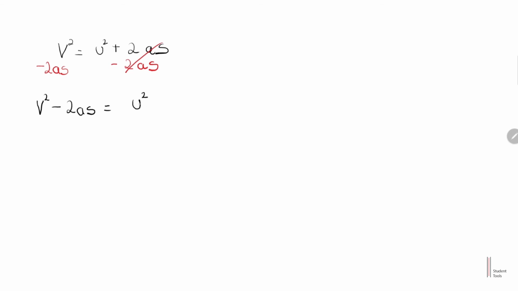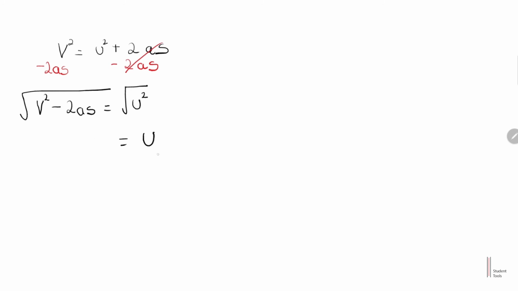So now we have u squared. We want to make u the subject, not u squared. So to get rid of the square, we would have to use the square root. So we use the square root on the right hand side. We also have to use the square root on the left hand side. So this square root will get rid of the square such that here we will have the u. So it's now the subject.